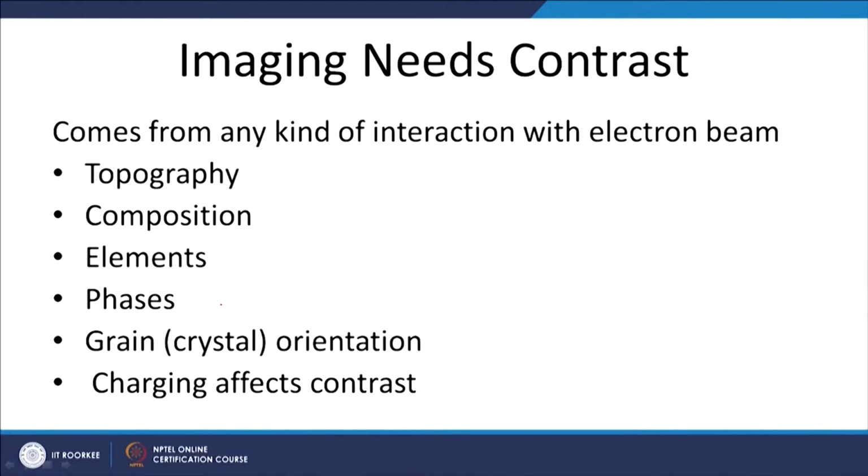If I have to have a very good image, we need contrast, which comes from some kind of interaction with the electron beam. It can be topography, composition, elements, phase, grain or crystal orientation, or even charging that affects the contrast. Topography means the top features or textures of the sample, which needs good contrast.